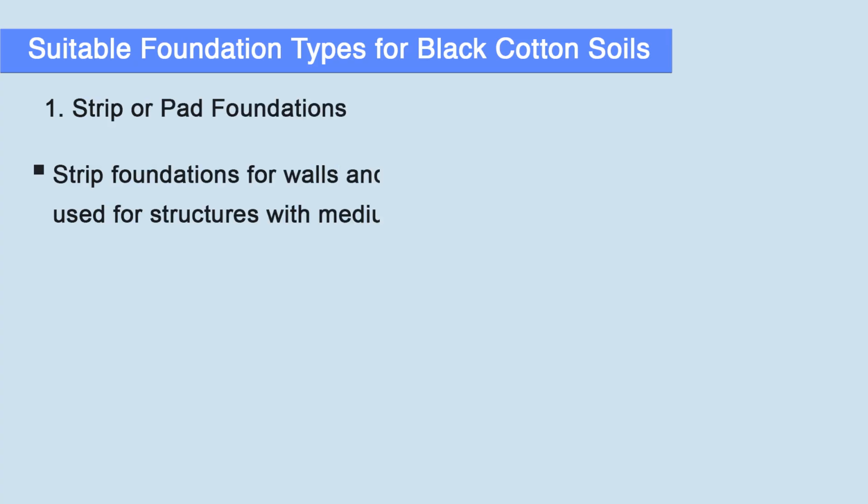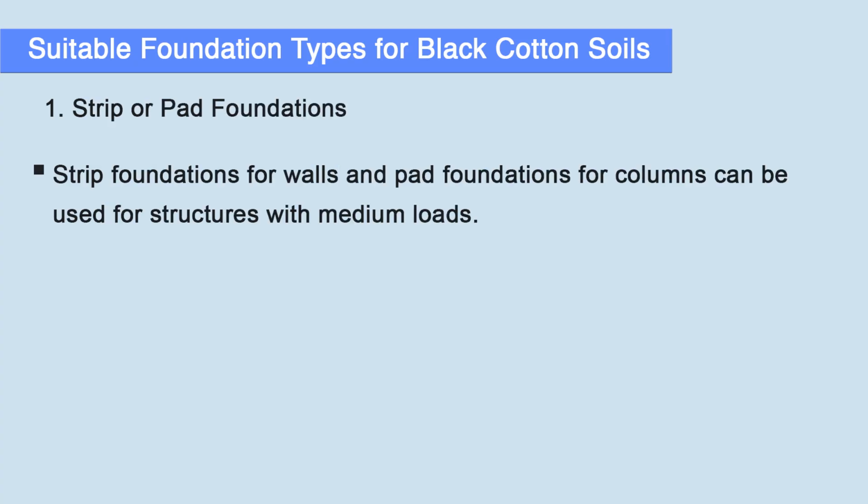Then the next is suitable foundation types for black cotton soils. Several types of foundations are suitable for use in black cotton soils, each with specific design features to address the challenges posed by expansive soils. First is strip or pad foundations. Strip foundations for walls and pad foundations for columns can be used for structures with medium loads.